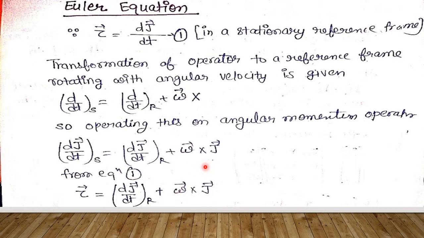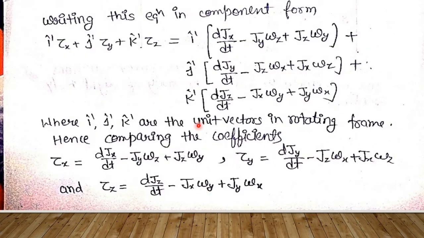Solving this in terms of i cap dash, j cap dash, k cap dash with the vector product, we get these three terms: i cap dash, j cap dash, and k cap dash, which are the unit vectors in the rotating frame.